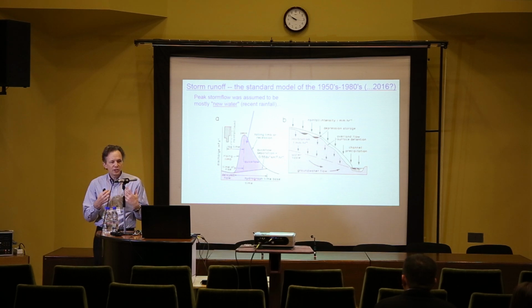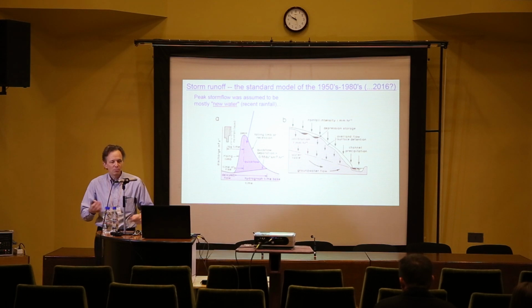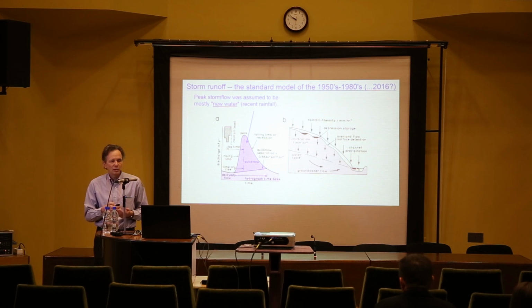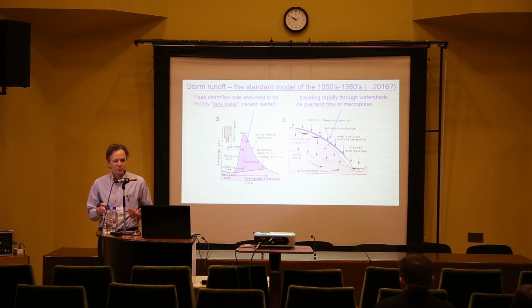And as an illustration of the value of tracers, I'd like to consider the standard model of how storms produce runoff, which was taught for decades and is probably still taught in many places today. In this standard model, the storm flow peak of the hydrograph was assumed to be mostly new water that has reached the stream rapidly through overland flow or macropore flow.